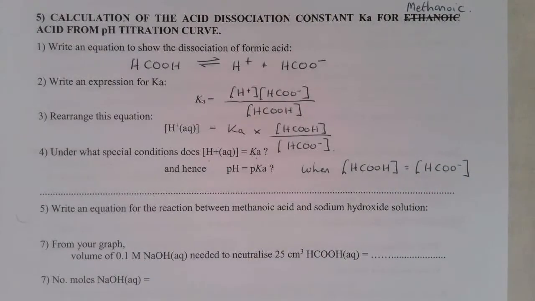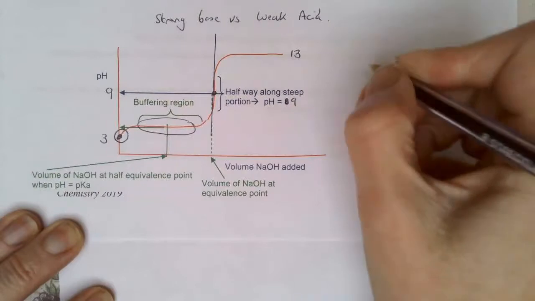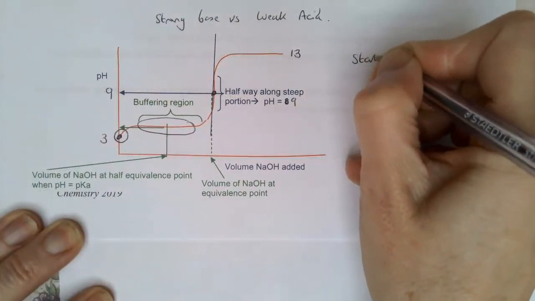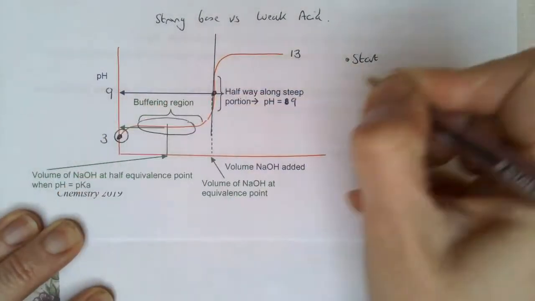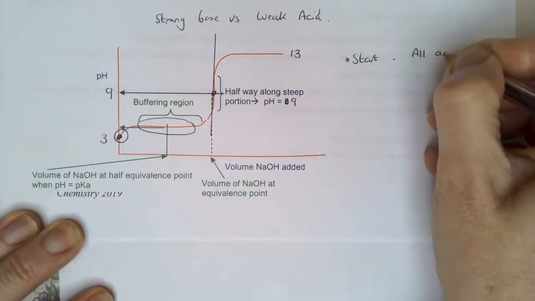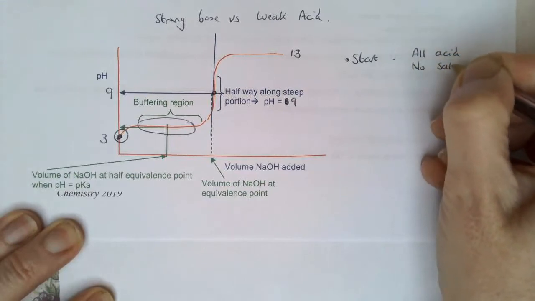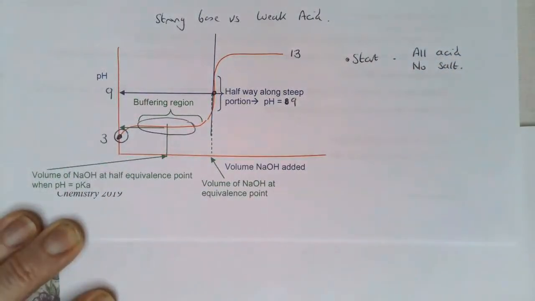And to understand that, we need to look back at our curve. So at the start of the reaction, you have all the acid you're ever going to have, and you have no salt, because you've made none of the salt yet, but you've got pure acid. You haven't added any alkali, you've just got all your acid.